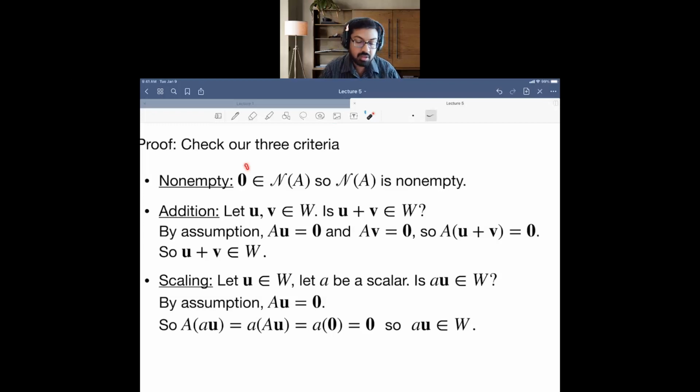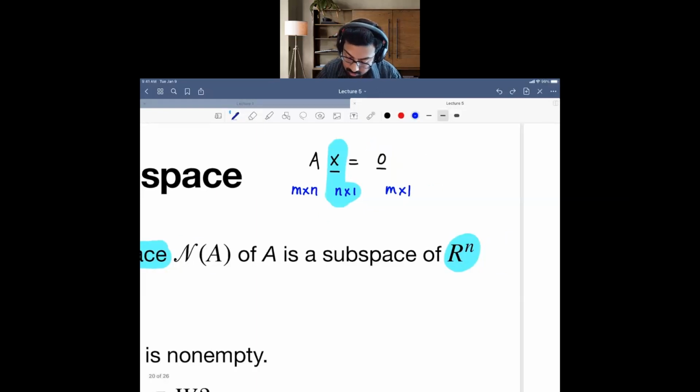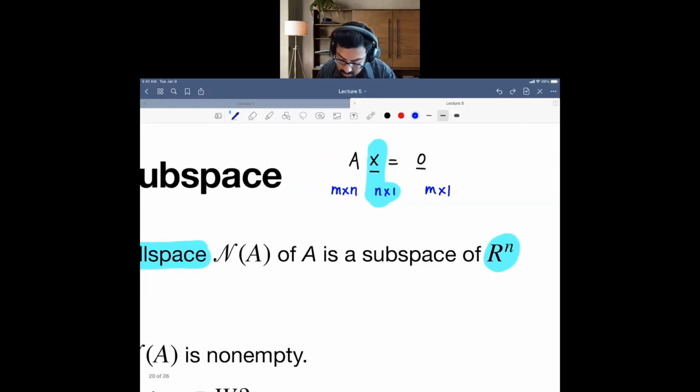Well, the zero vector is going to belong to the null space. Why is that? You see, if you have Ax equals 0, if you assume that the solution here is a trivial one. What is the trivial solution? Trivial solution is x equals zeros, right?